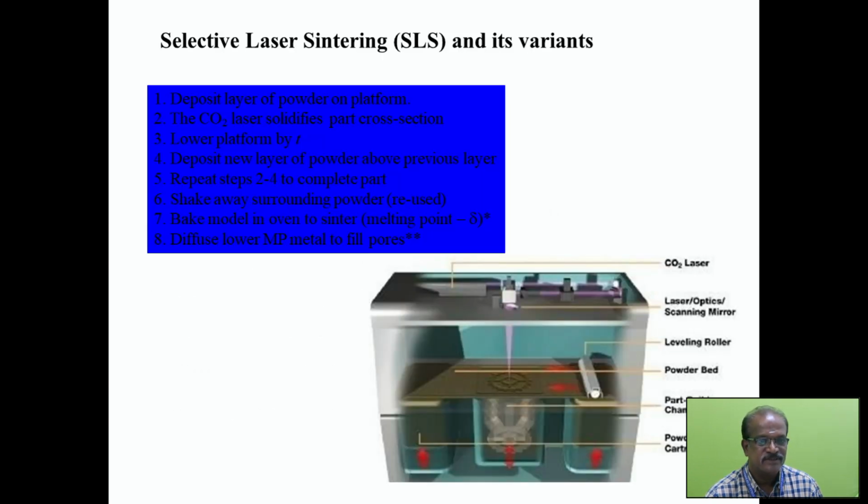Next is selective laser sintering. Similar to the laser sintering process, here sheets are used for fabrication. As shown in the image, the sheets travel in between the chamber. Then you have a CO2 laser. The laser cuts based upon the sliced images.